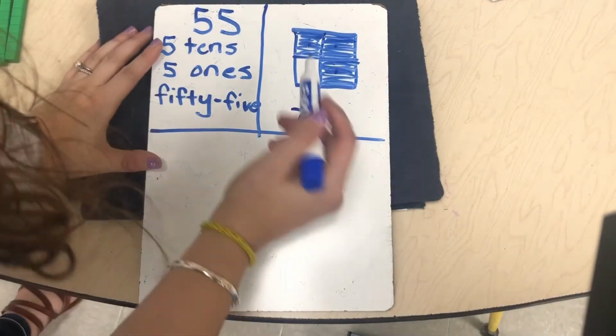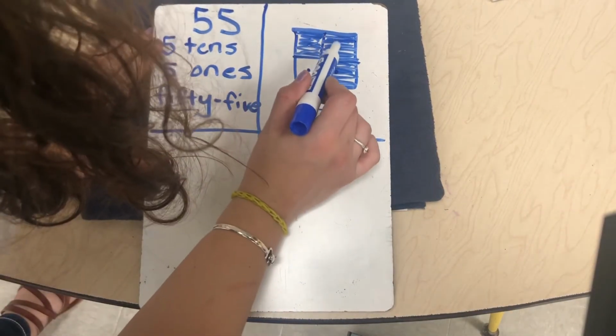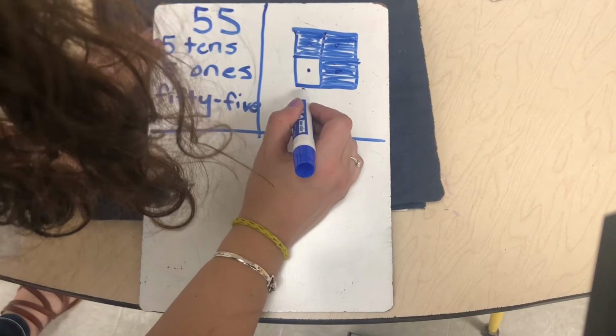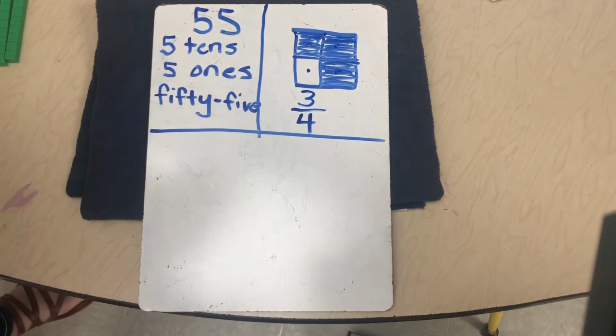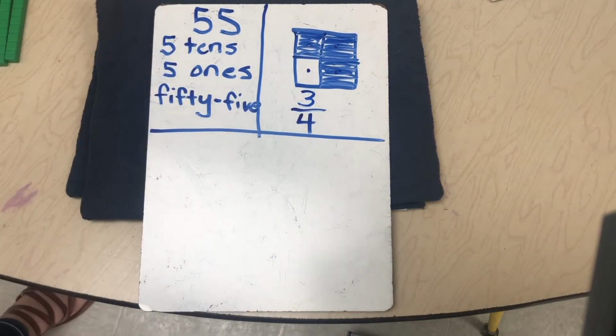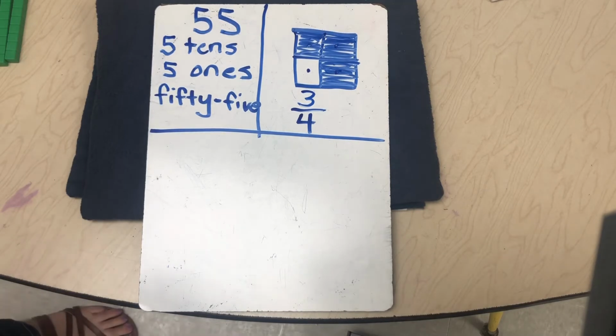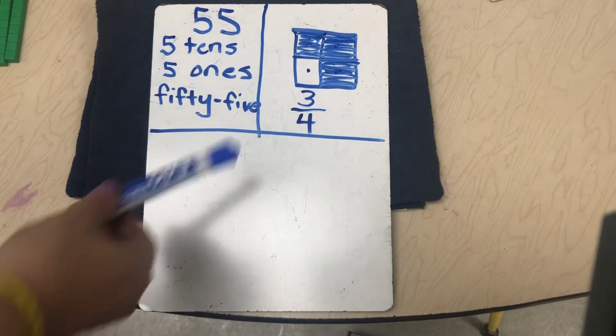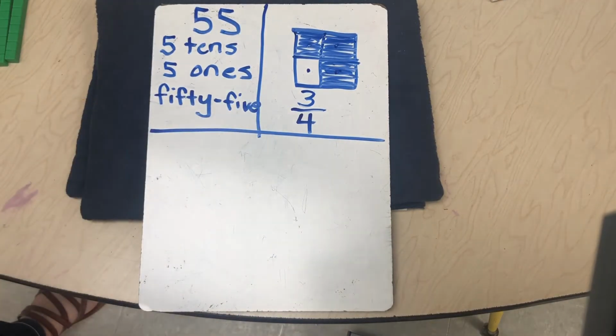And then how many are shaded in? 1, 2, 3. So you say your fraction is 3/4. That is our fraction.